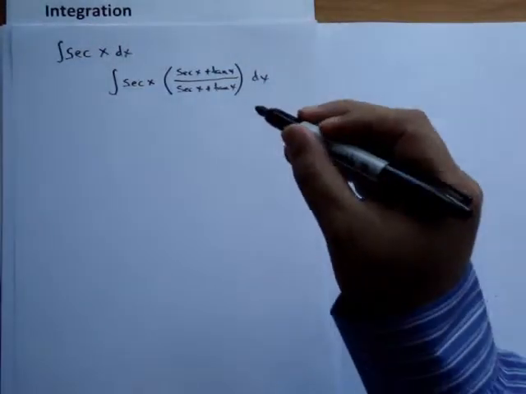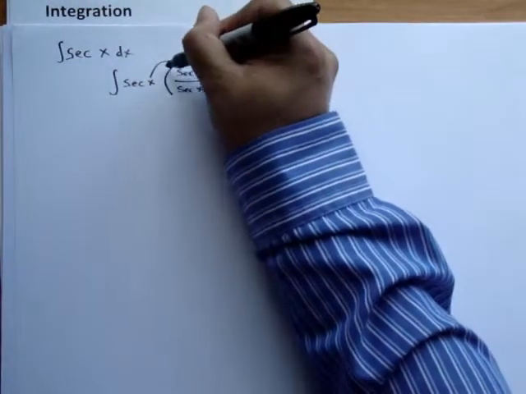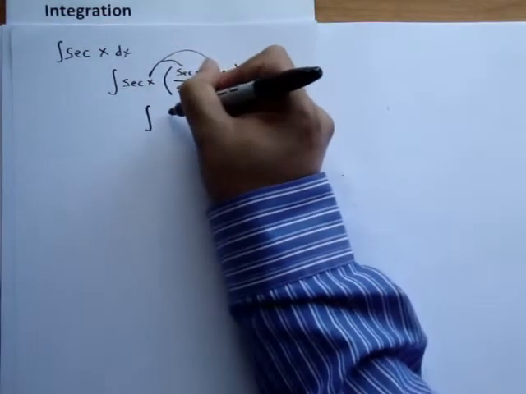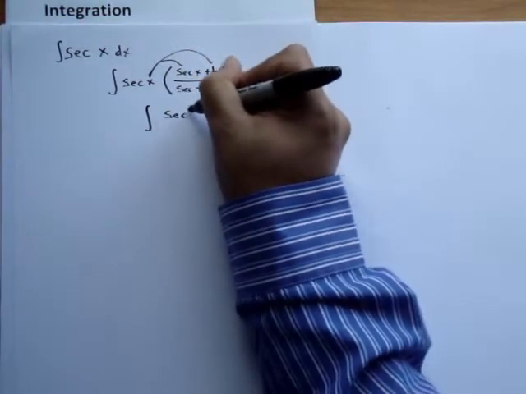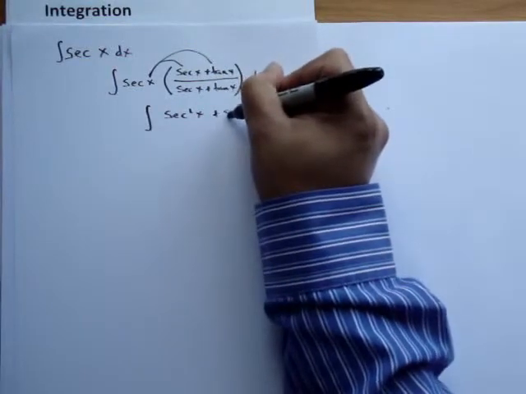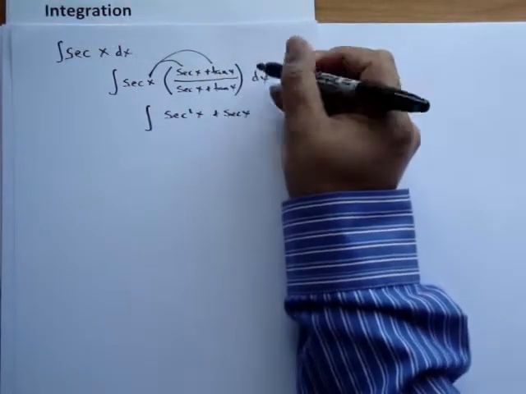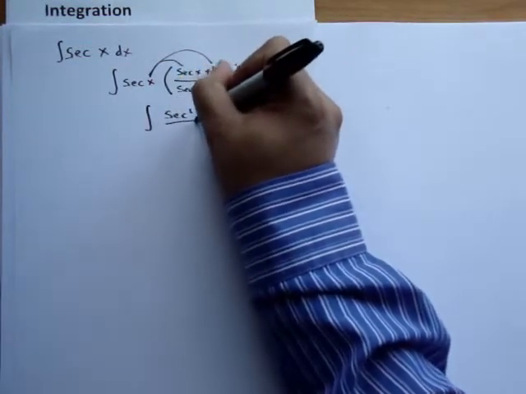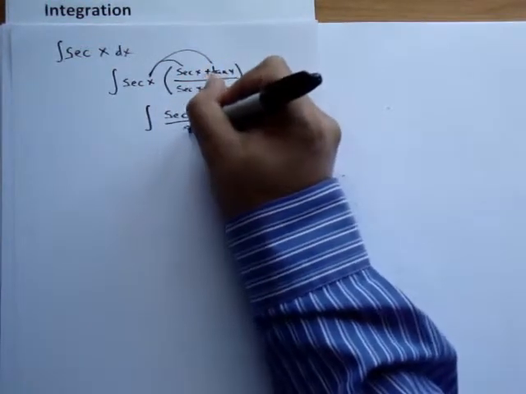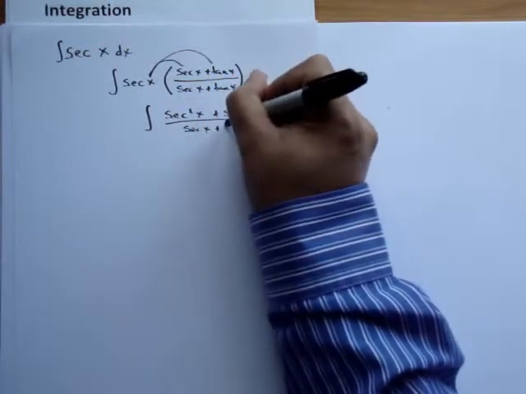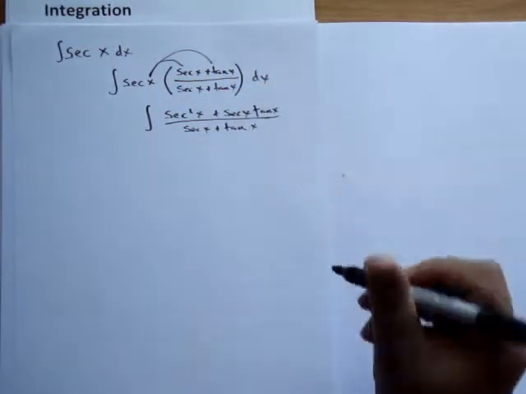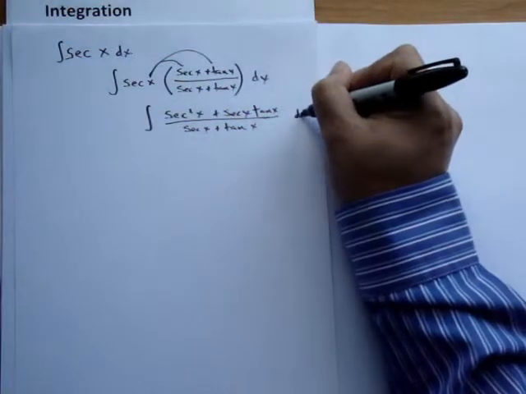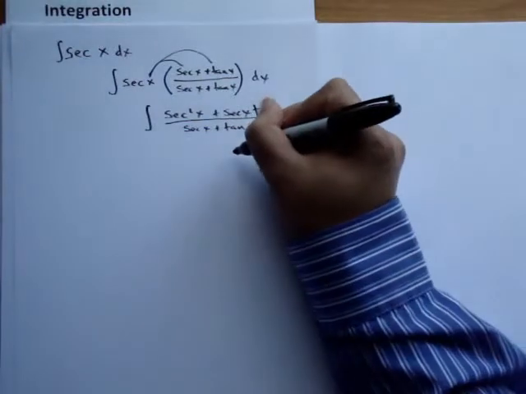Now what we do is we distribute the secant x, and we get the integral of secant squared x plus secant x tan x all over secant x plus tan x. This is really good because what we can do now is a u substitution.